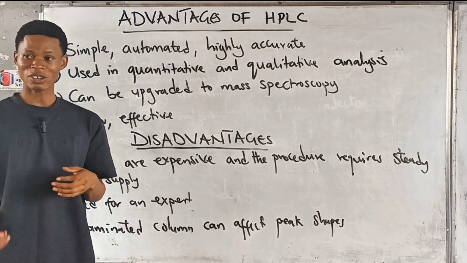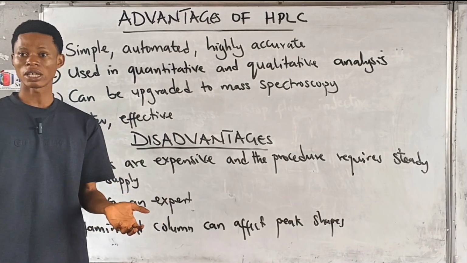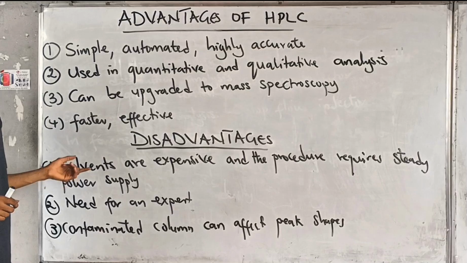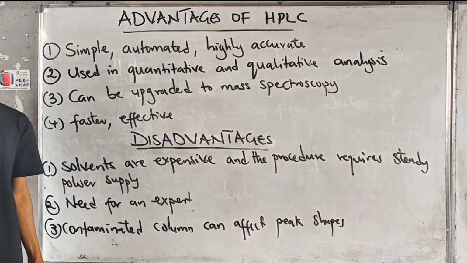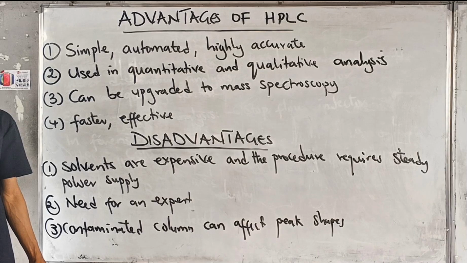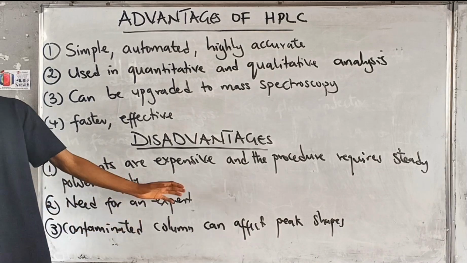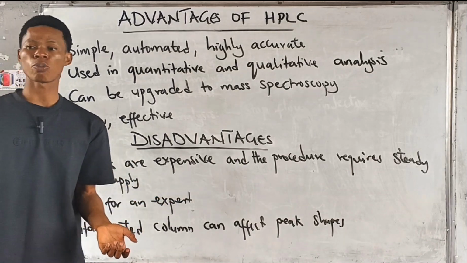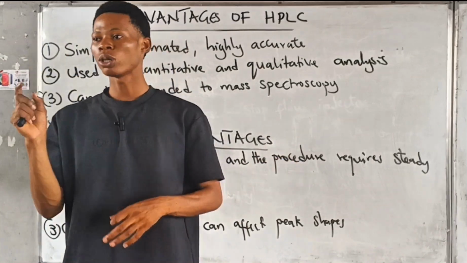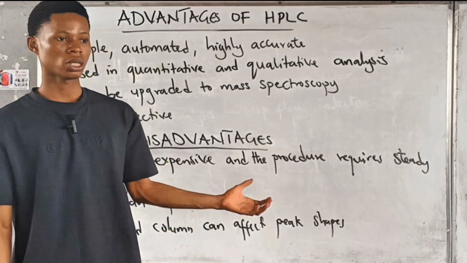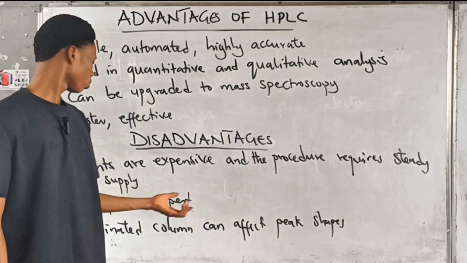But you know that anything that have advantages have what? Disadvantages, right? Now the disadvantage now is the solvent, which is the mobile phase, is very expensive. The mobile phase is very expensive, and the procedure requires steady power supply. So if you don't have steady power supply, you cannot still carry out this process. If you don't have money to buy the solvent, the mobile phase, you cannot carry it out.